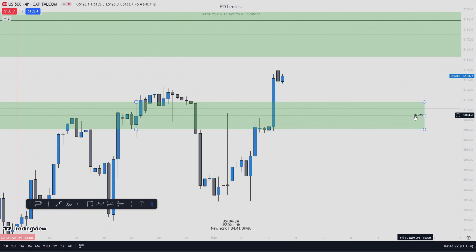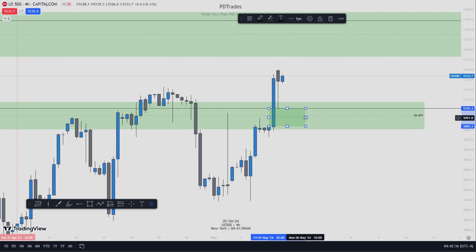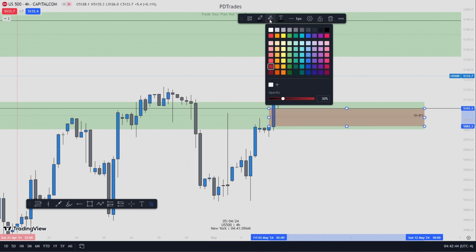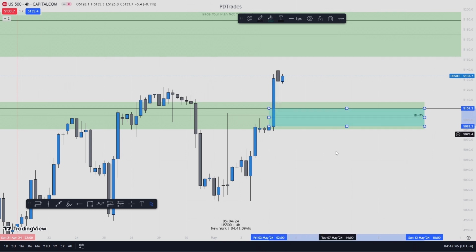So now things connect, you know, when you get that feeling that things connect. So now I know that this imbalance here is an important imbalance for me if I want to see price being bullish. I want to see price reacting. Now red is not nice. Use this one. Yeah.